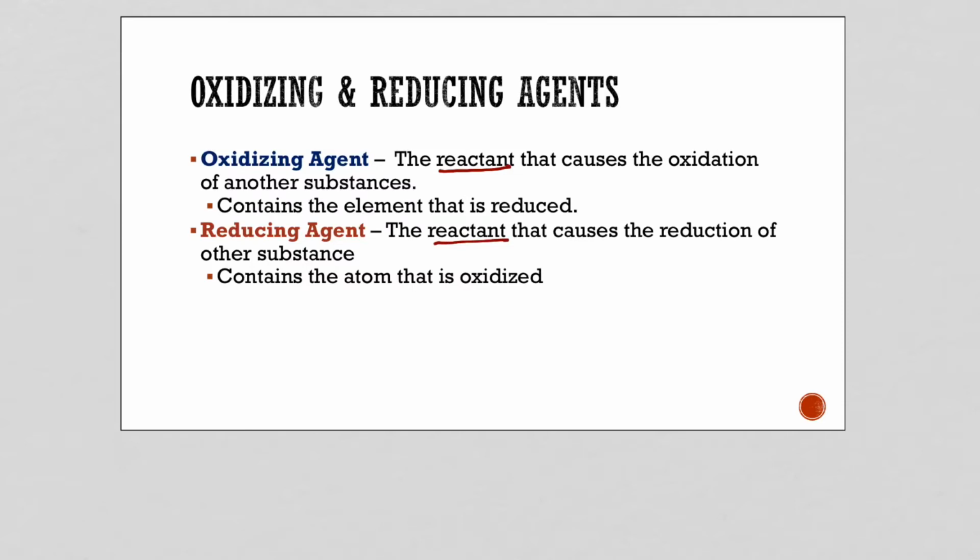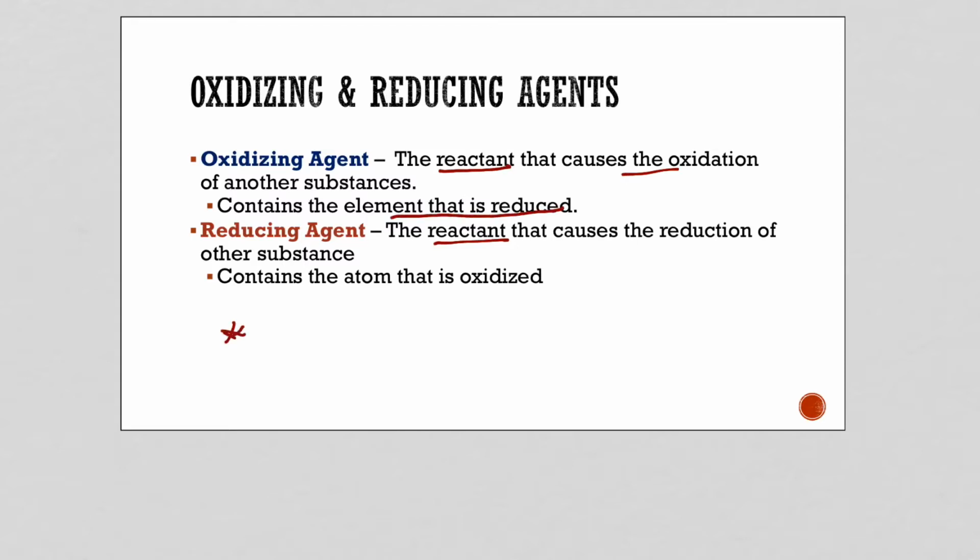These come from the language of, one of the reactants causes this to happen and one of the reactants causes that to happen. So the oxidizing agent is the reactant that causes oxidation. Another way to think about that is that it contains the element that is reduced.